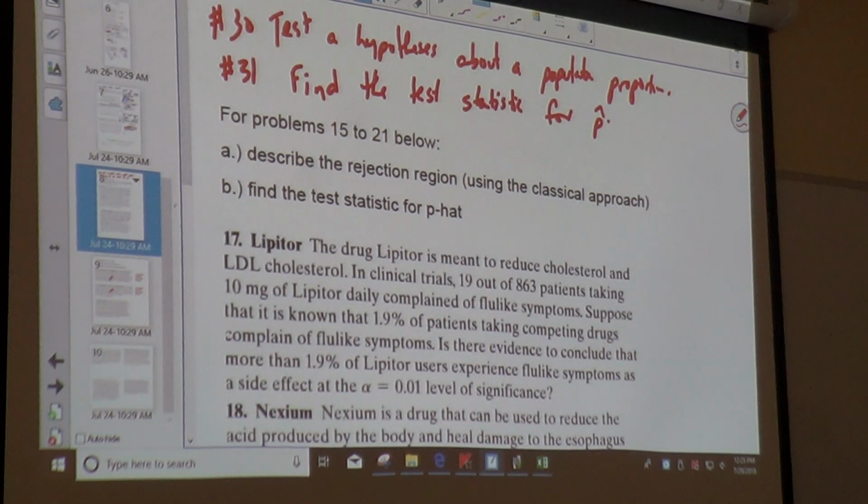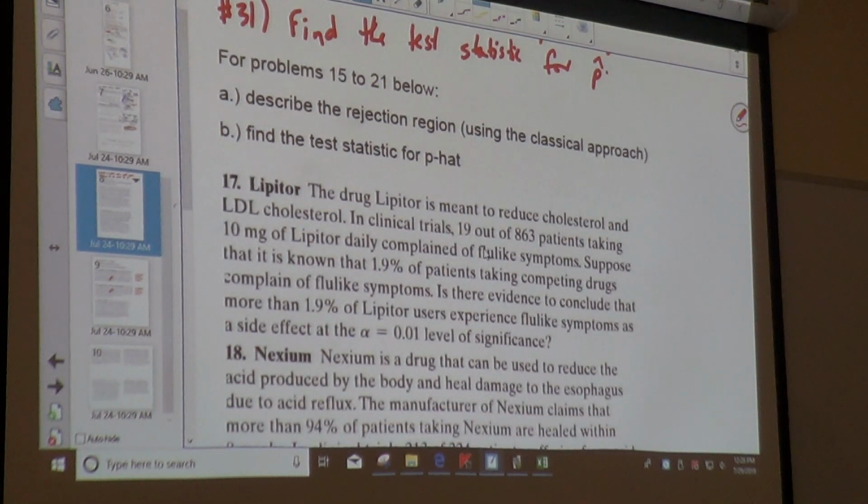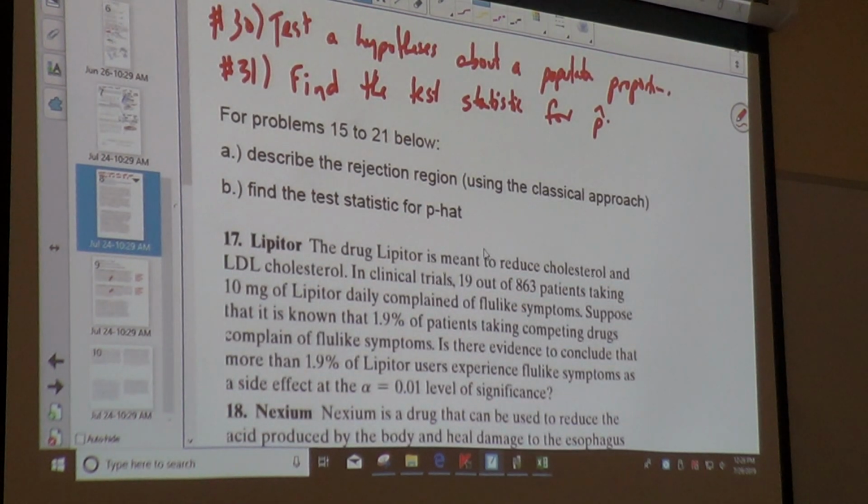Alright, so this is going to be 2 different problems. One is going to talk about the hypothesis region, and one is going to talk about the test statistic. So we're going to do 2 different things.